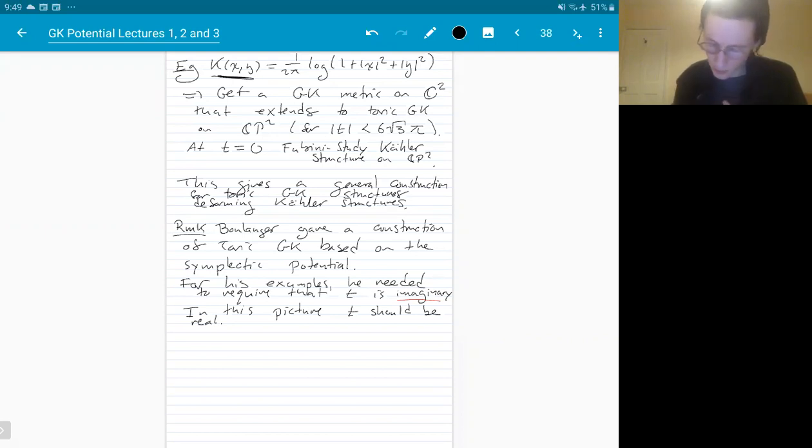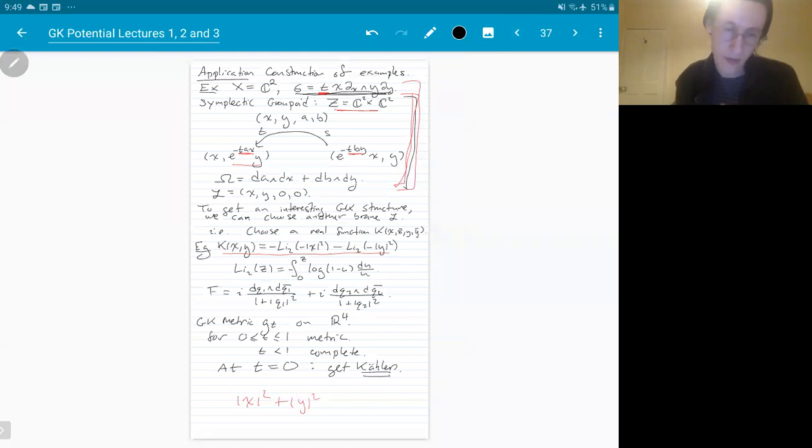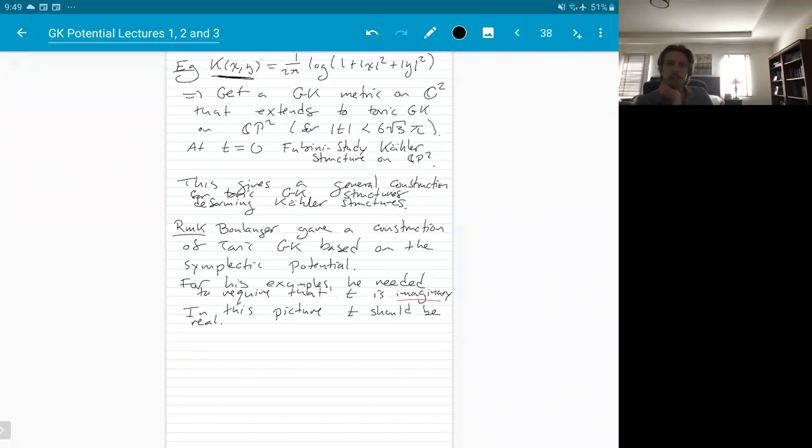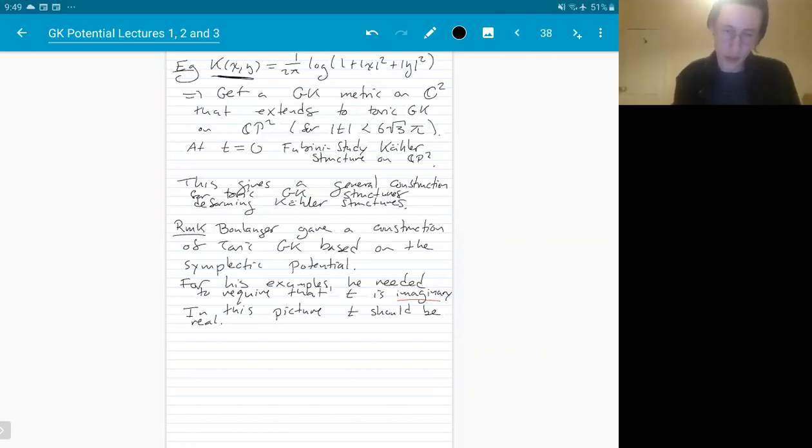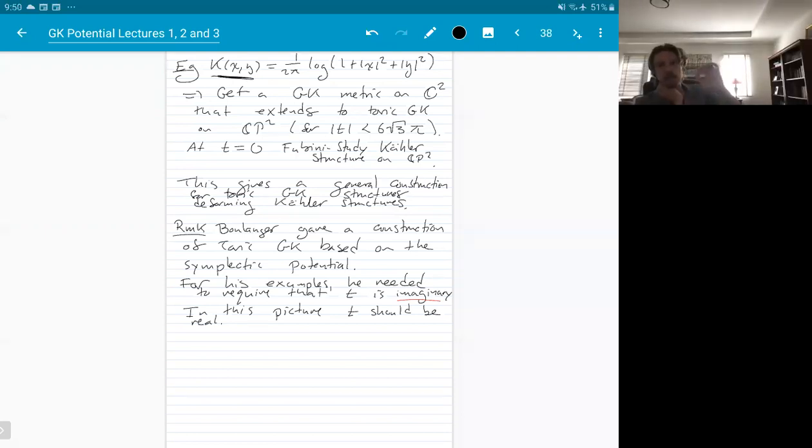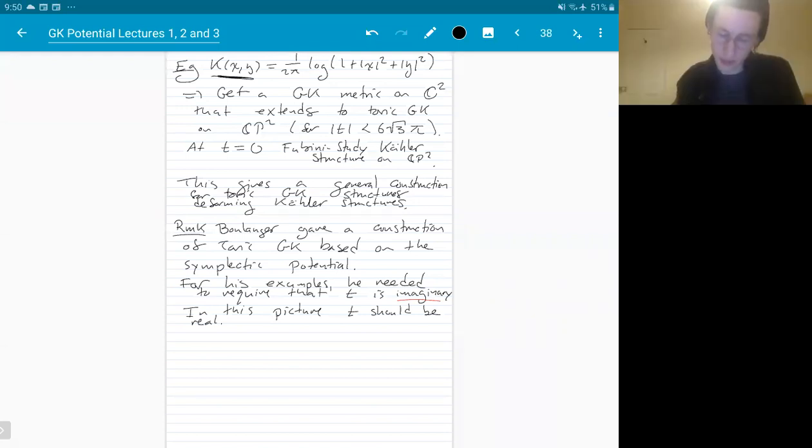Right, because you're just taking the Poisson structure and multiplying it by i. But are they geometrically distinct, or is it just different notation? The Poisson structures are not isomorphic. I don't mean as T changes; I mean your family versus his family. Are the families geometrically distinct? Yeah, they're not isomorphic. Okay.